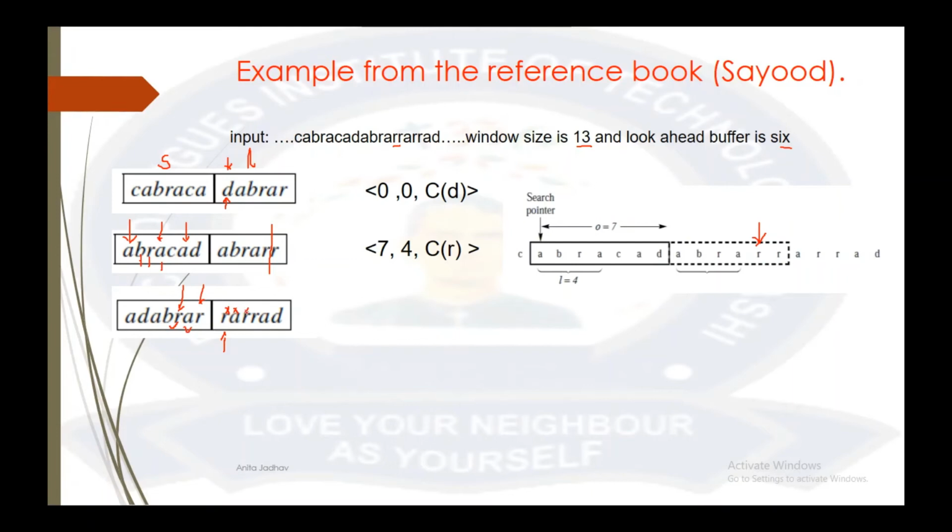Okay. R again. Then what do I have? R again. I will just continue checking. So I have R. What do you have? A. It is A. So now you have to understand that even if the offset is 3, the length of the match can extend into the look ahead buffer.